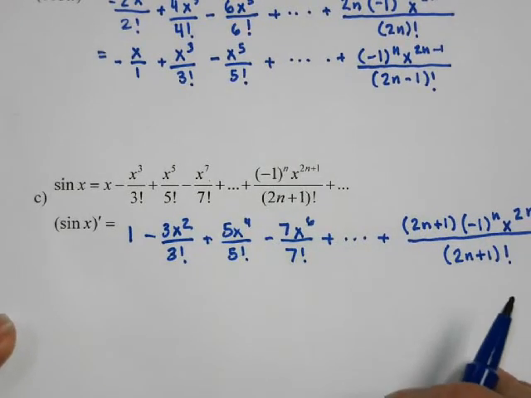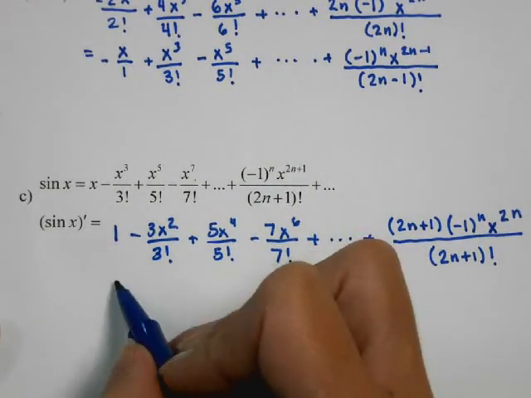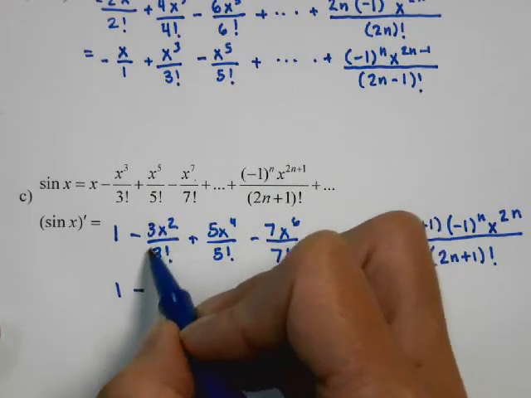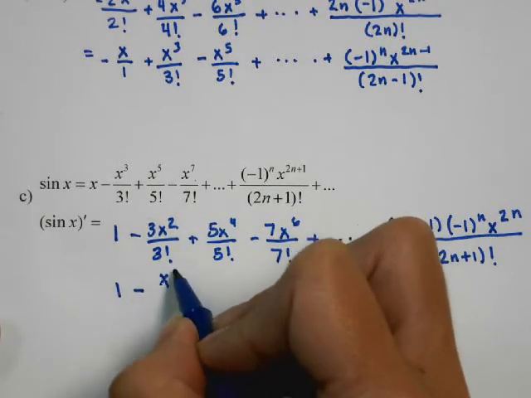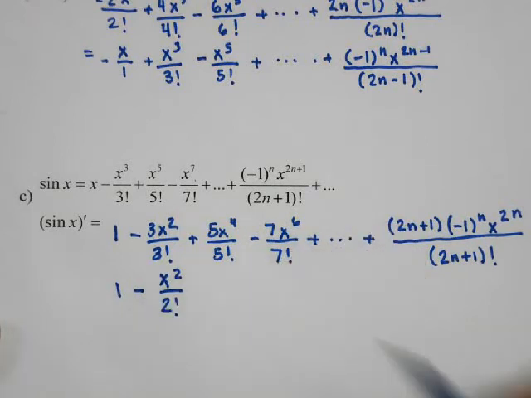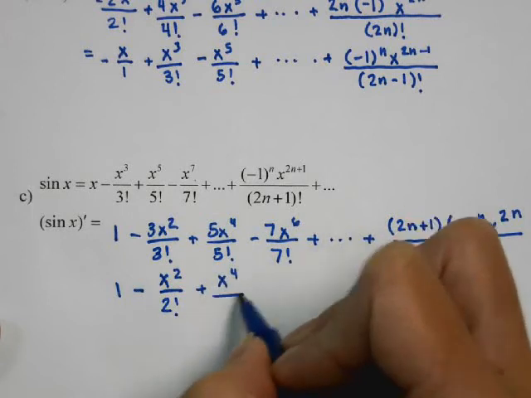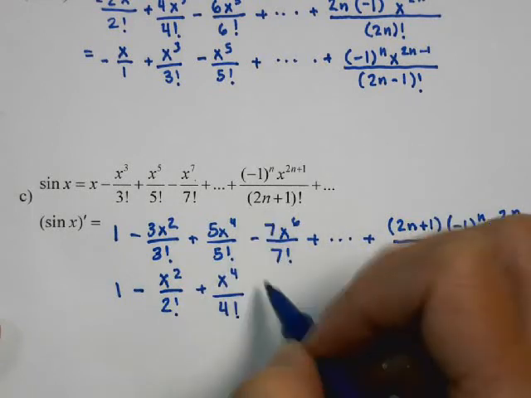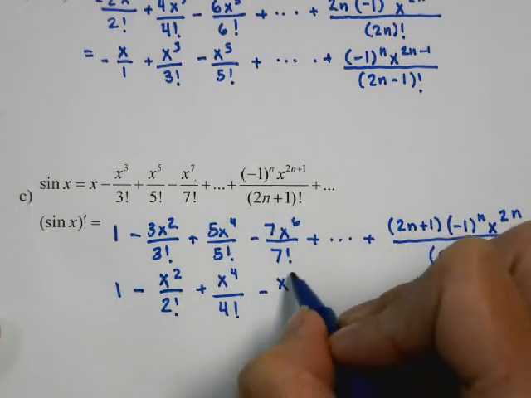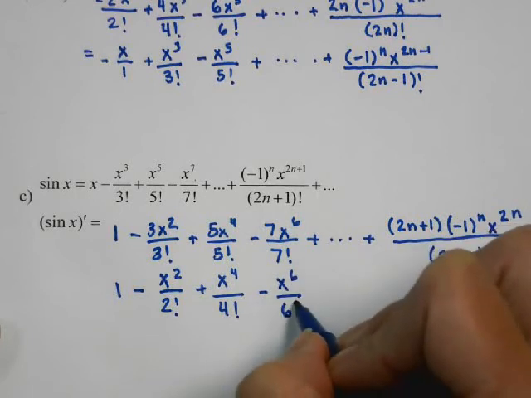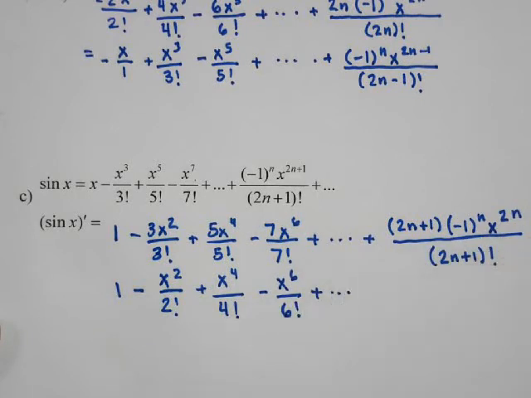And then simplify it again. So 1 minus 3 factorial divided by 3 is just 2 factorial. X to the 4th over 4 factorial minus x to the 6th over 6 factorial.